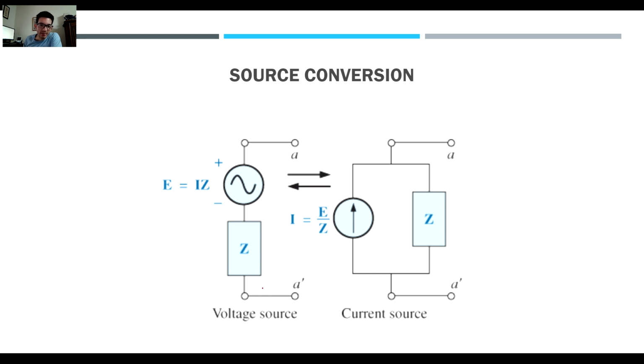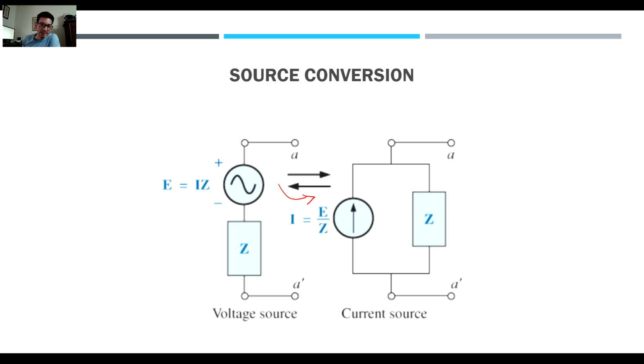And if you have a load connected in series to the source, you can convert this network to this network on the right by computing Ohm's law with the impedance. In other words, you can transfer a voltage source in series with the load to a current source in parallel with the load.